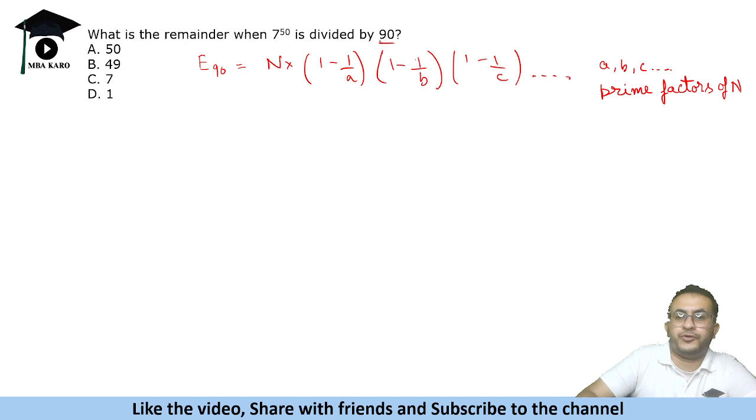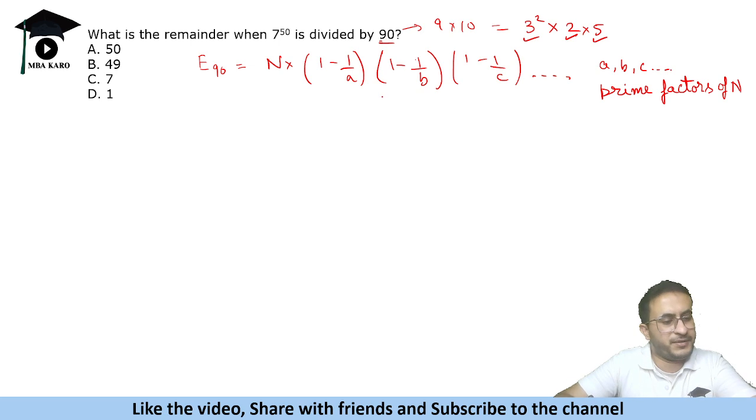Okay, so if you talk about 90, 90 is what? 9 into 10, 9 is 3 square, 10 is 2 into 5. So the prime factors are 2, 3 and 5. So we will have these three prime numbers.